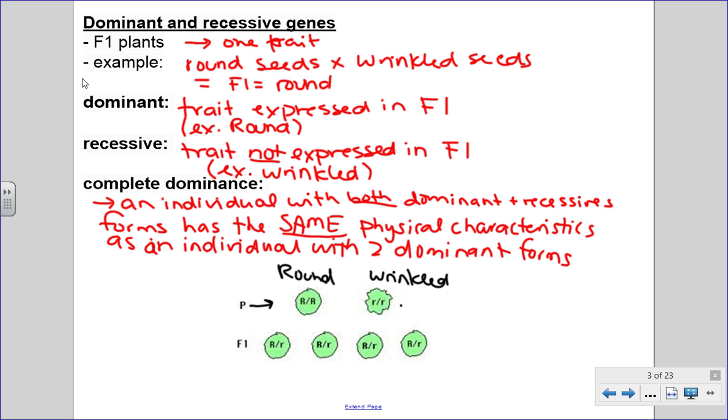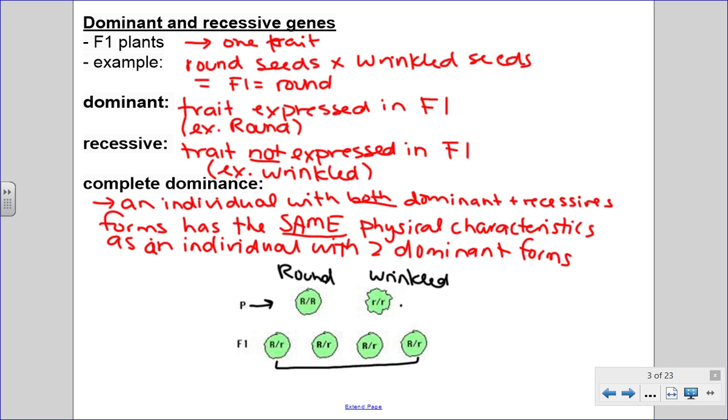In the F1 generation, the possibilities for combination of gametes are all the same. So all of the F1 generation would have one copy of the dominant form and one copy of the recessive form.